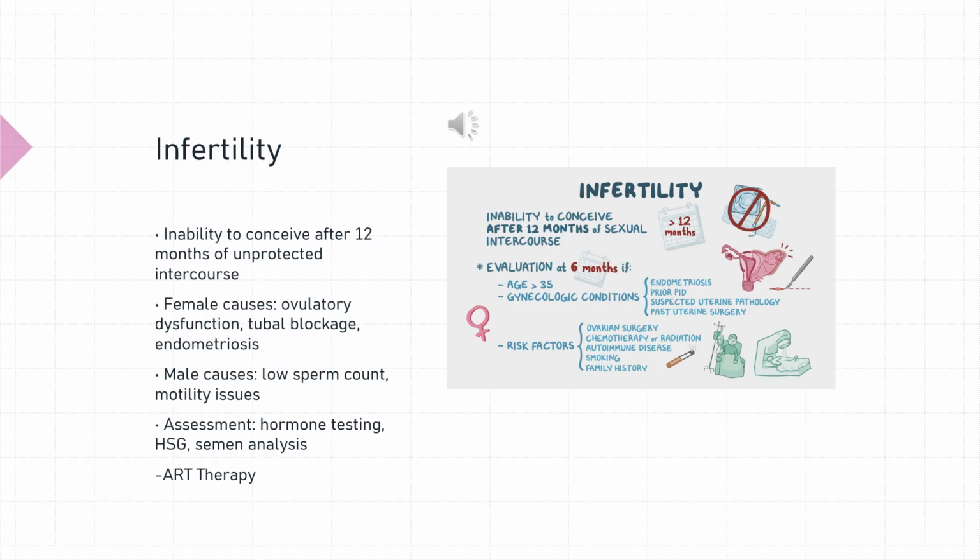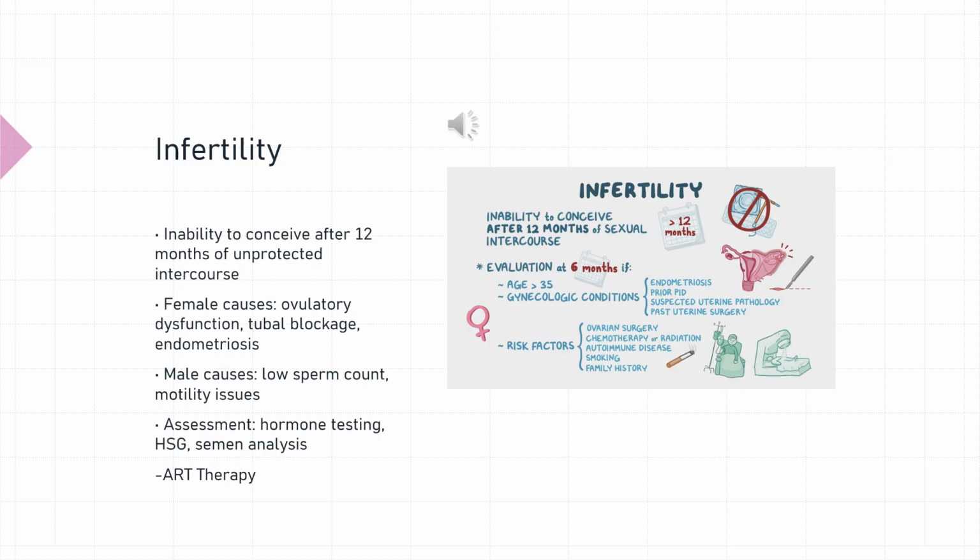It can be caused by tubal or uterine factors that either block or damage the uterine lining or the fallopian tubes, which can prevent fertilization from occurring. So things like that would be endometriosis, which we're going to talk about in this lecture, scarring from previous surgeries, pelvic inflammatory disease, or different fibroids or polyps.